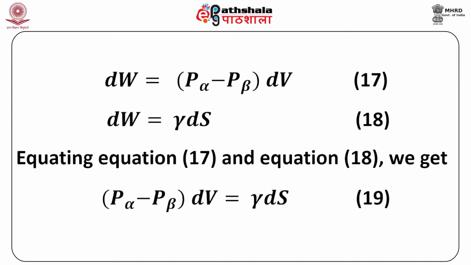This net work done increases the surface area of the liquid drop. Therefore, we can also write dW equals gamma ds, where ds is the increase in the surface area as shown in equation 18. Equating the above 17 and 18 equations, we get P alpha minus P beta into dV equals gamma ds as our equation 19.